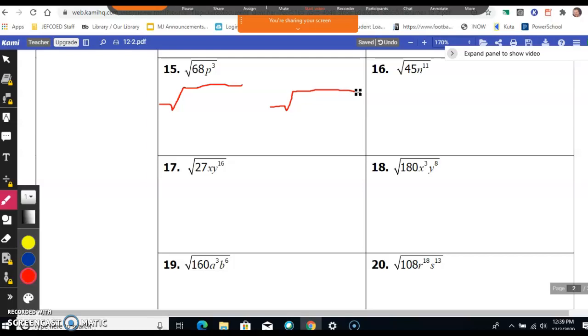Remember, it's got to come from our perfect square list, so we can take the square root of it. What? 4? What else? Is there another one? Or is it 4 times what? 4 times what? 17. All right, so we have 4. That's under the column that we can take the square root of. And then 17, because those two multiply together to give us 68.